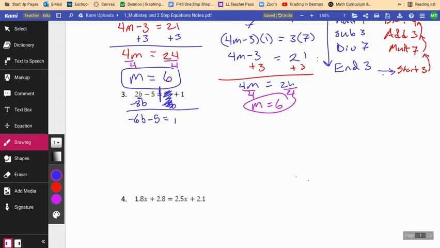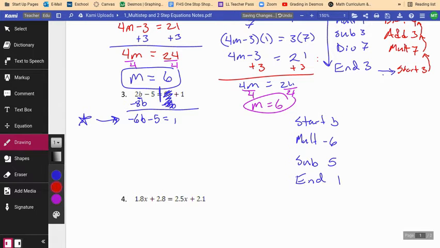And now from here, I can do it again one of two ways. If I know that I start with B, so we'll do it the way that I feel like you guys understand more. So if I start with B, the first operation occurring to that number is multiplying by -6, and then I subtract 5, and I end up with 1.